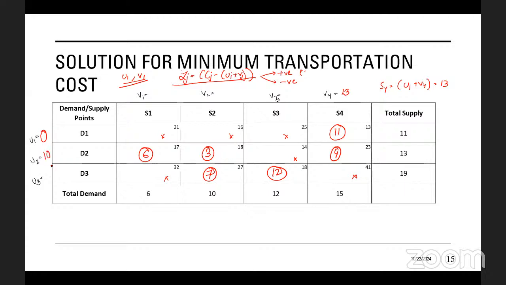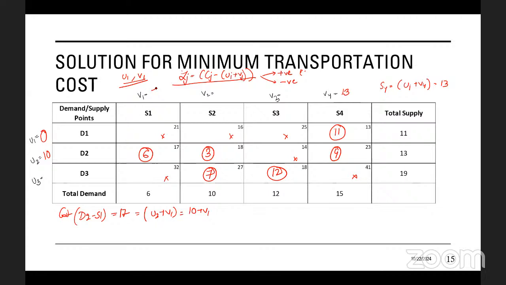As soon as u2 comes out to be 10, the D2S1 cost is equal to 17, which is actually equal to u2 plus v1, which is 10 plus v1.